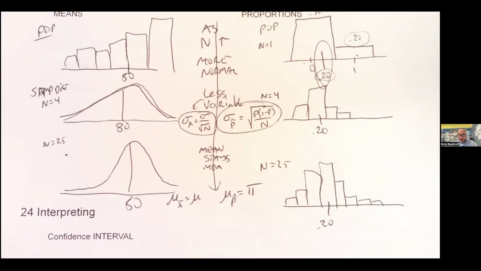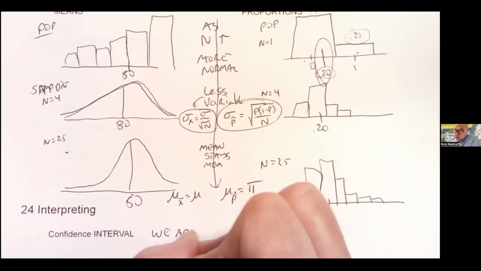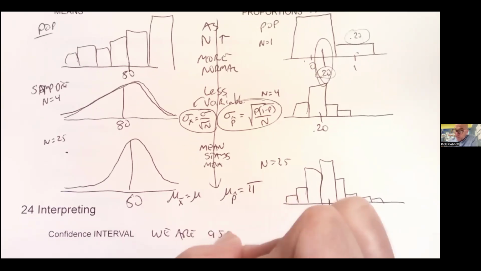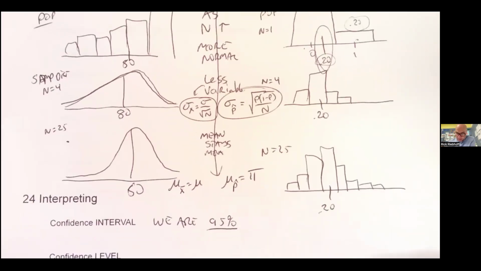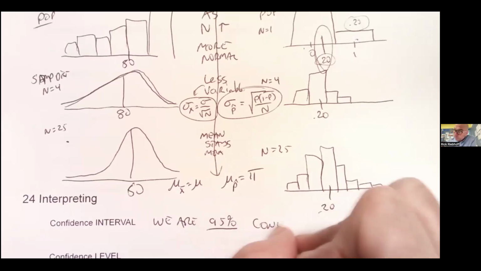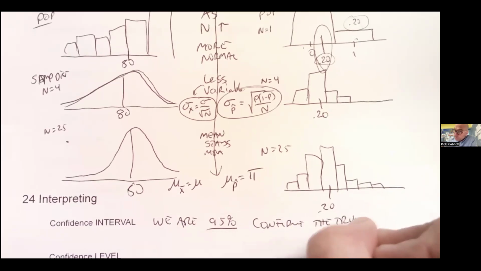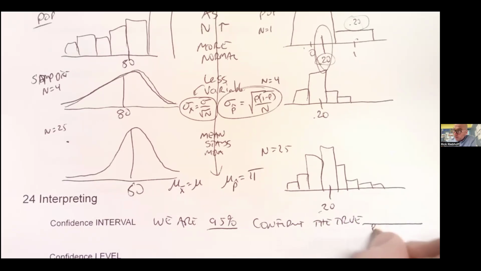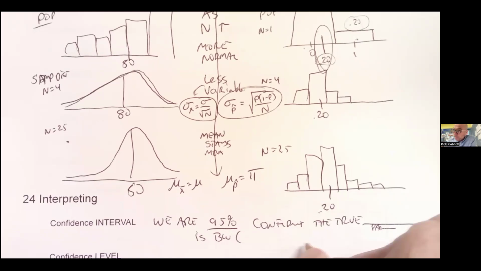Interpreting confidence intervals. Okay, we are 90, let's say 95%, it could change, confident that the true, blah, use your parameter here, is between blah and blah.